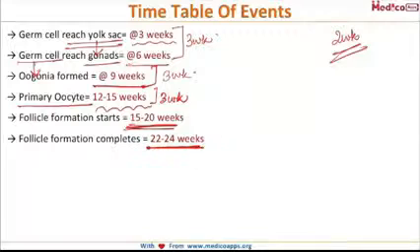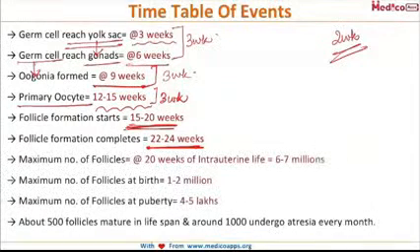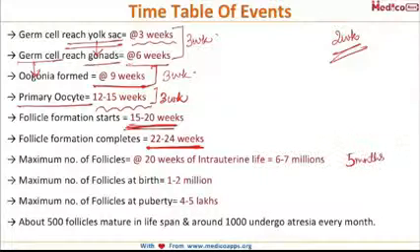Now we have some important questions regarding the number of follicles. The maximum number of follicles is present at 20 weeks of intrauterine life, that is 5 months of gestation. And what is that number? It is 6 to 7 million. Now they undergo atresia, they degenerate, and at birth only 1 to 2 million of these follicles are present.